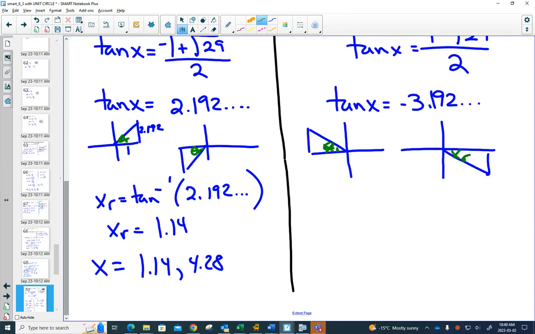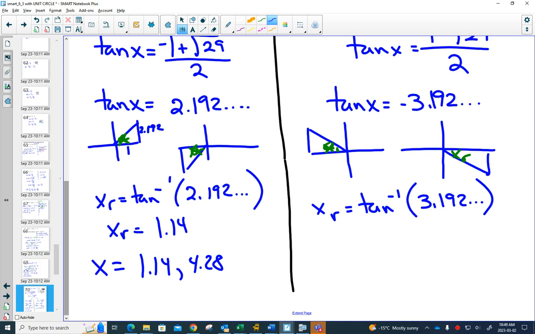These are my reference angles. And if your angle is x, you should use x with a little r. If your angle's theta, theta with a little r. If you want to find your reference angle, you're going to do tan inverse, but you're always doing tan inverse of a positive value.